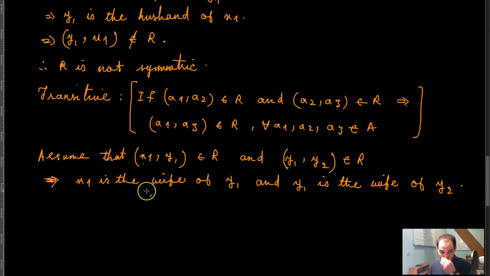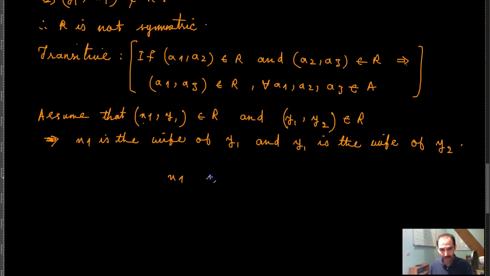So you have x1, y1 and y2 here. x1 is the wife of y1, and y1 is the wife of y2.